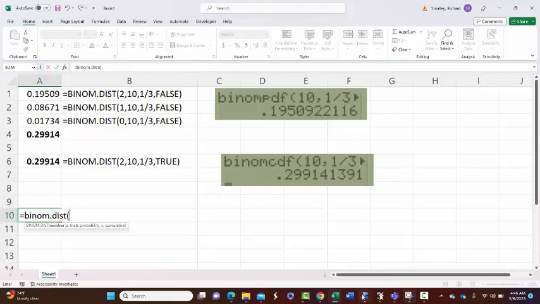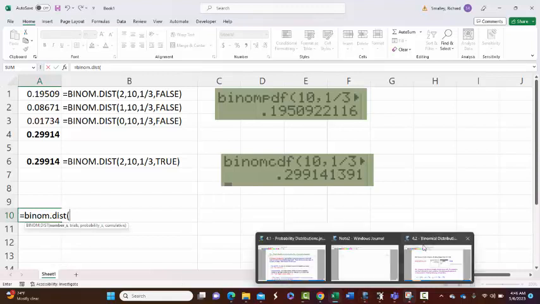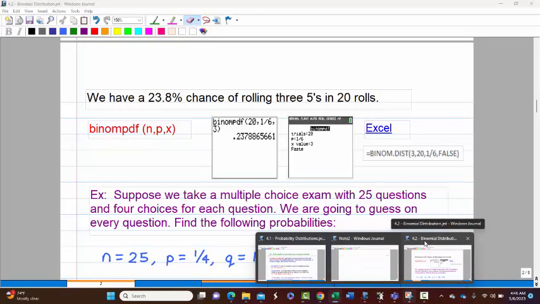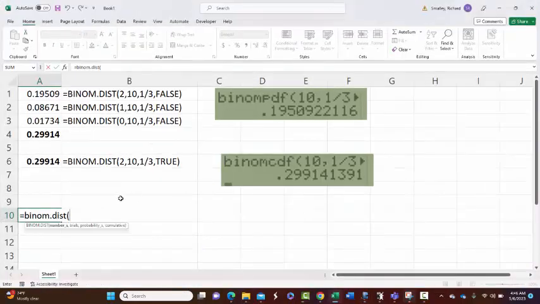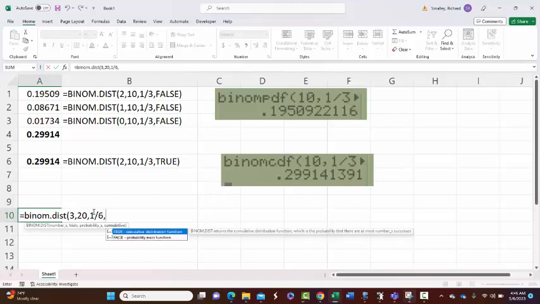I know 1/6, 3 out of 20. 3 successes, 20 trials, probability 1/6, and I want false this time because I'm only doing one calculation.